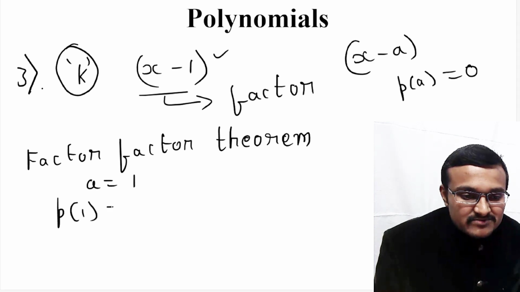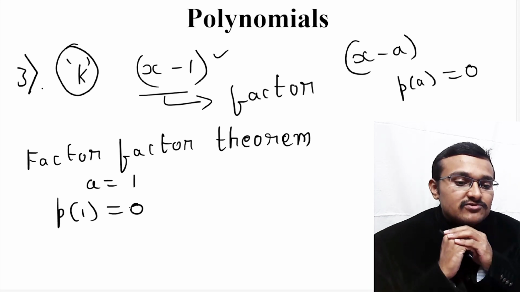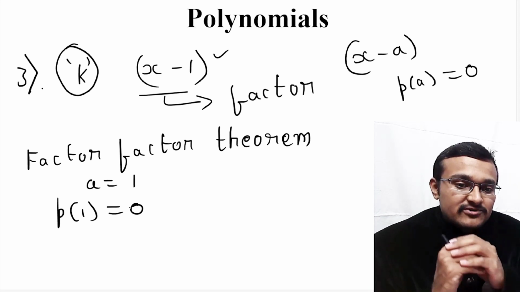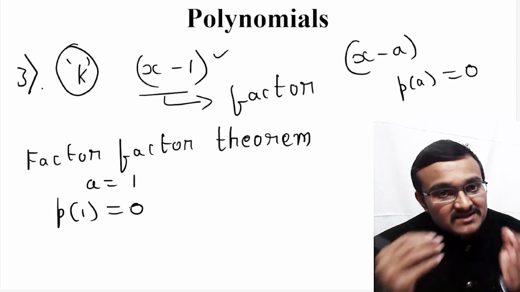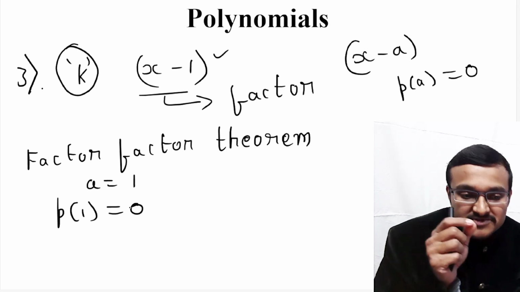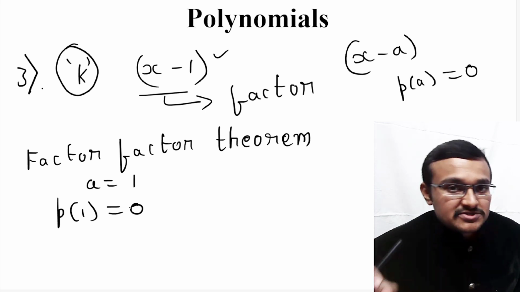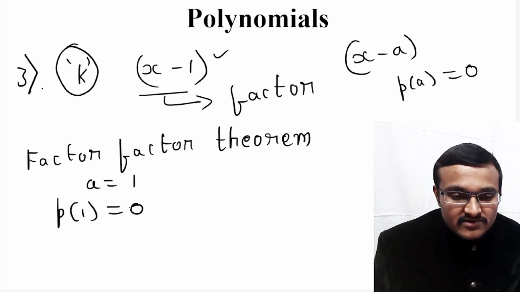So p of 1 should be equal to 0, because they have given x minus 1 as the factor here. So according to factor theorem, you have to take this p of 1 as 0. If p of 1 is equal to 0, you have to substitute 1 in the place of x, and equate that to 0 and try to find the value of k.